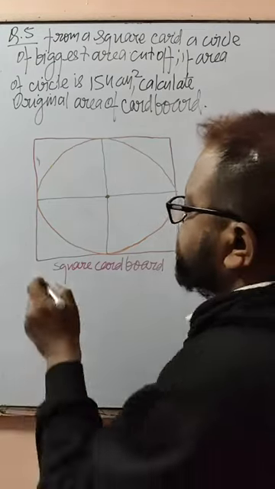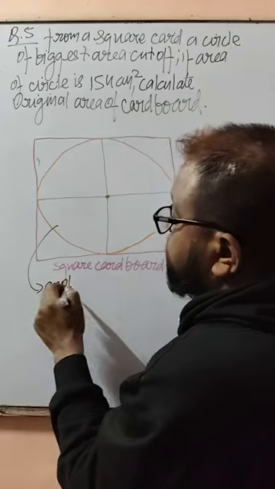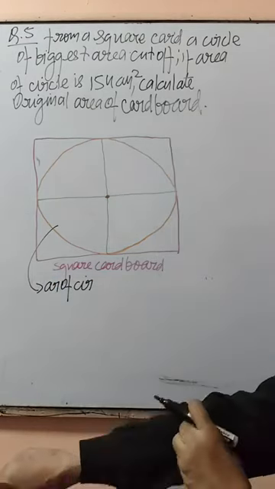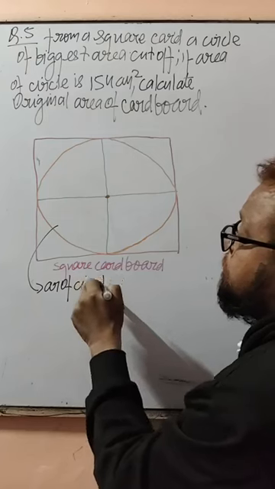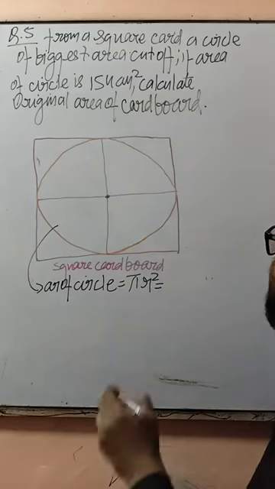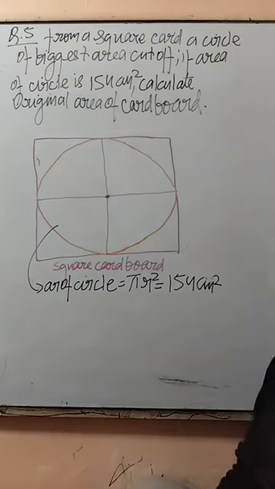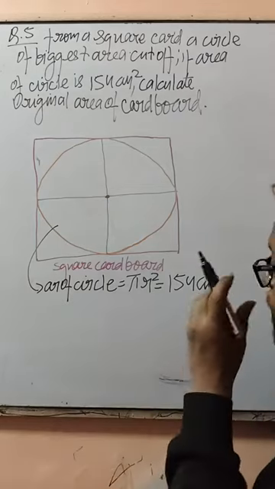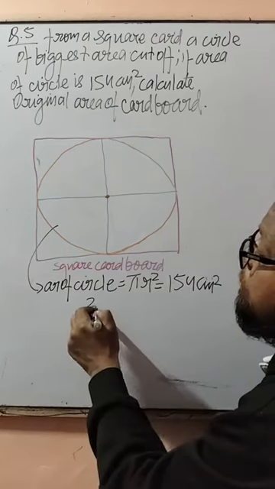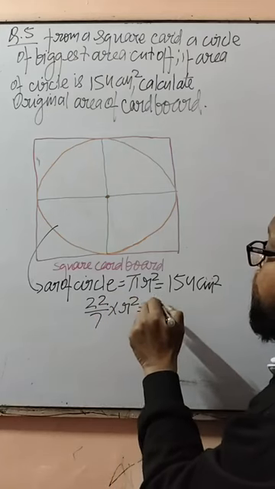As area of circle is equal to pi r square is equal to 154 centimeter square. (22 by 7) into r square is equal to 154.